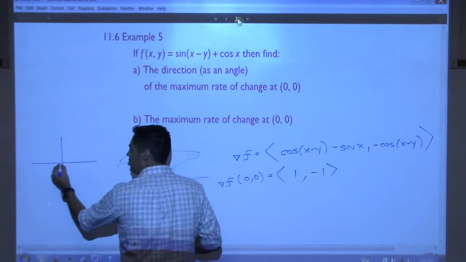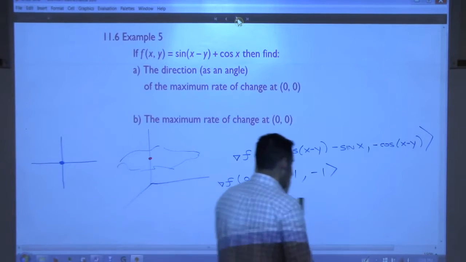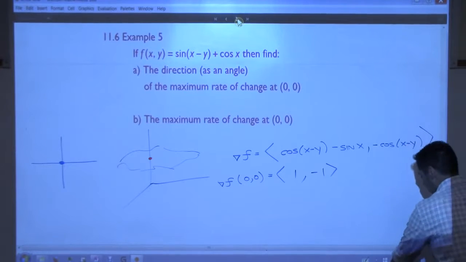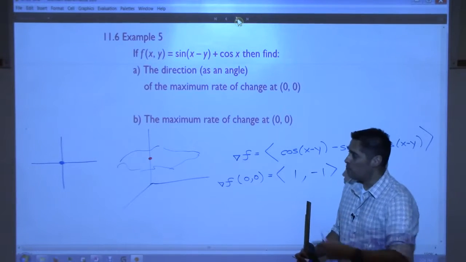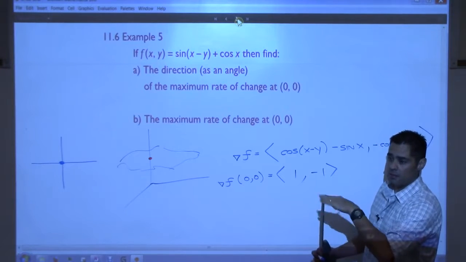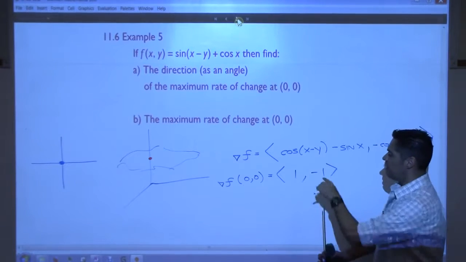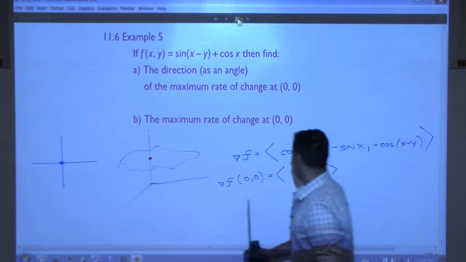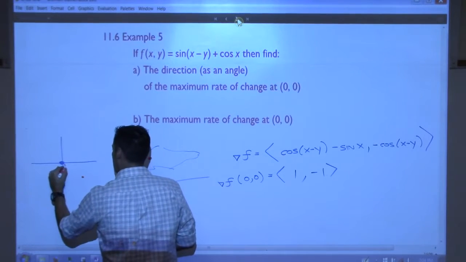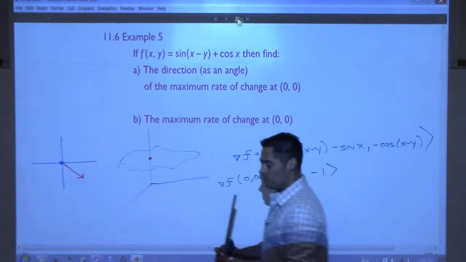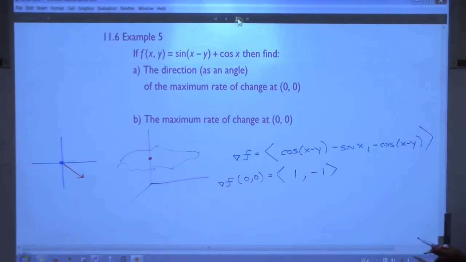We were sitting here, we were at 0, 0, and normally, like what I've given you in the past, I told you what direction to point. This question is asking which direction do I point for steepest rate of change. It's telling me to point here. So I point 1, negative 1, and that's going to give me the steepest descent.